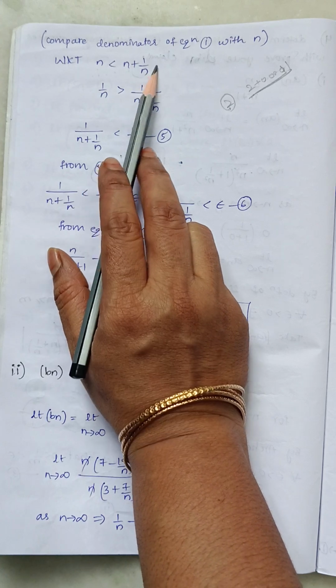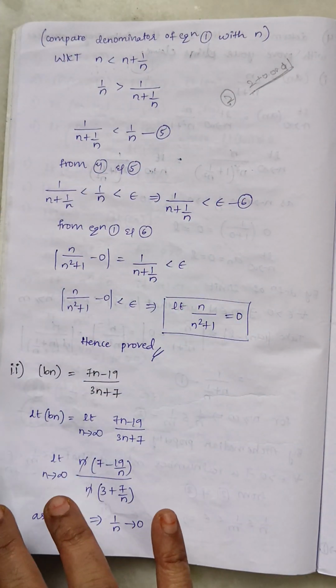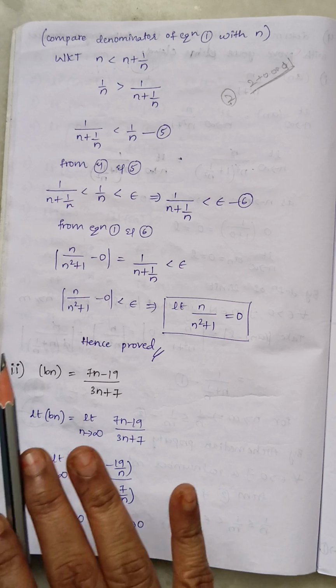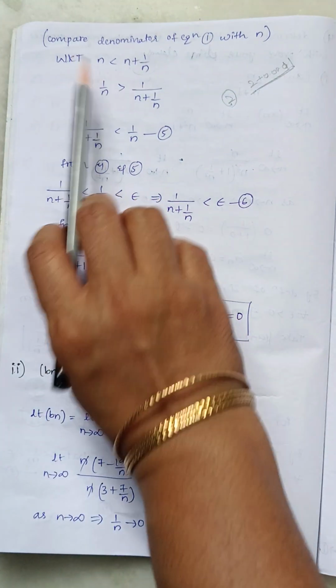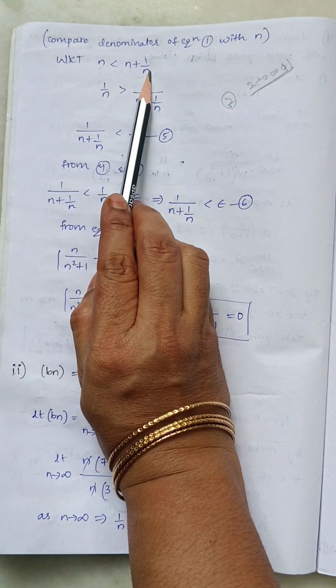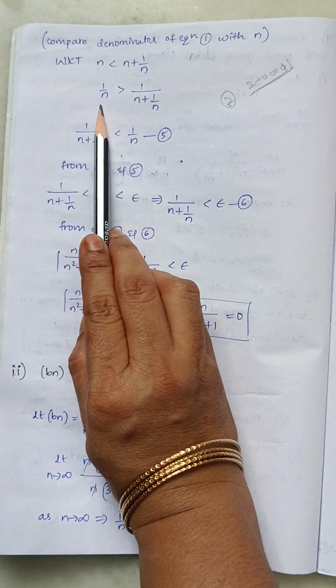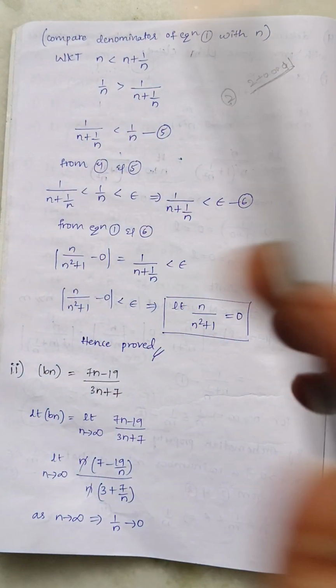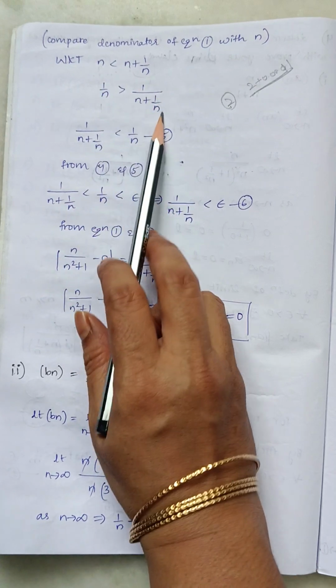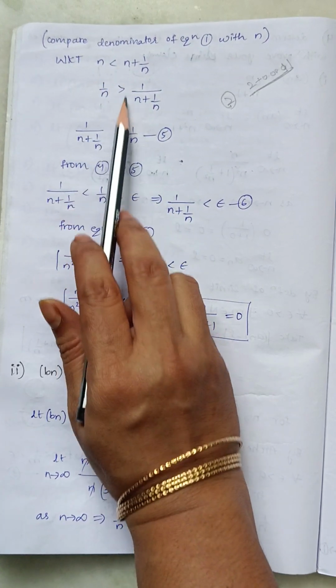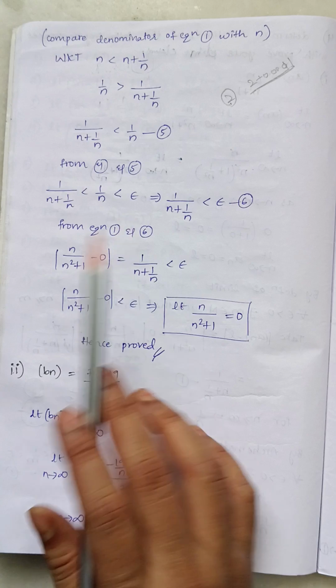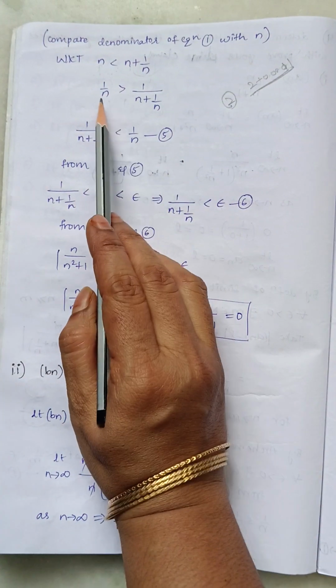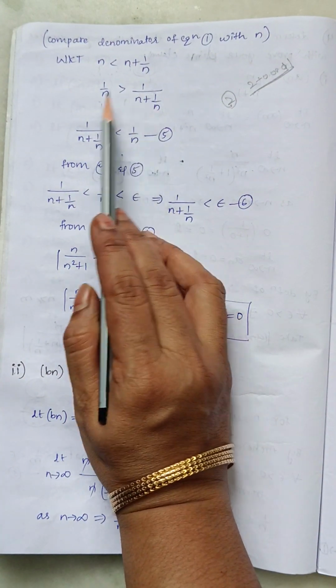Why are we taking it like this? Because this is the denominator of the actual problem, so we always compare the denominator with n. So n is less than this part. Then we take the reciprocal, because this is in the denominator in the problem. Reciprocal means less than changes to greater than, as we discussed previously, right? Now a greater than b we can write as b less than a.